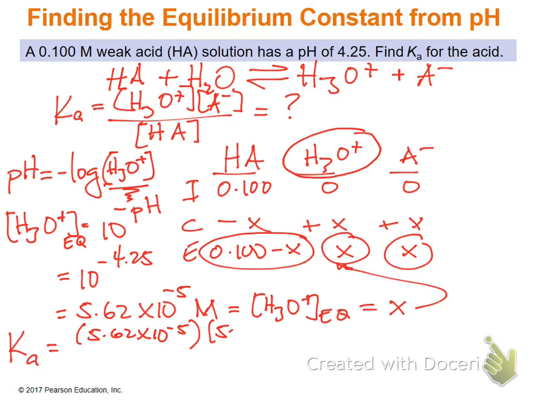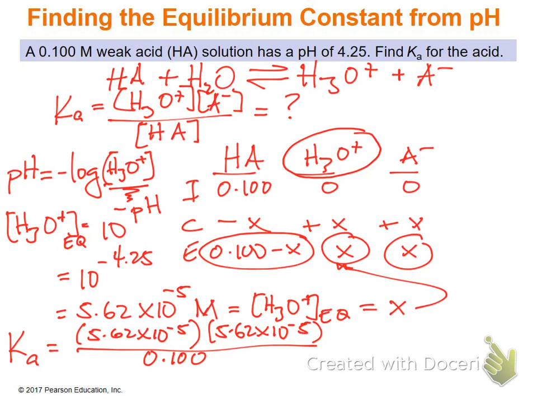times itself, divided by 0.100 minus x, minus 5.62 times 10 to the negative 5th.